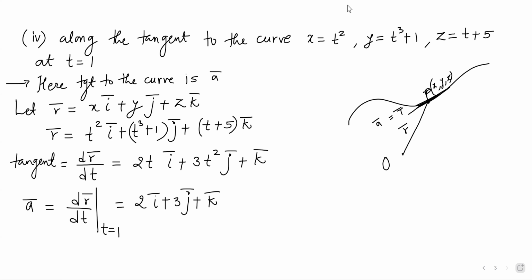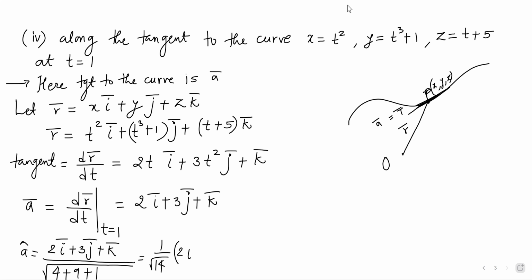I just have to find a cap for this and then substitute in del phi dot a cap. So a cap is equal to 2i bar plus 3j bar plus k bar divided by under root 4 plus 9 plus 1, that is root 14. So it is 1 by root 14 times 2i bar plus 3j bar plus k bar.